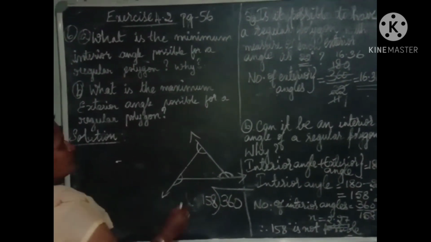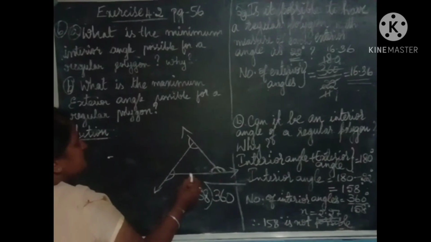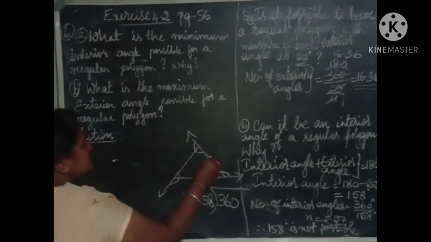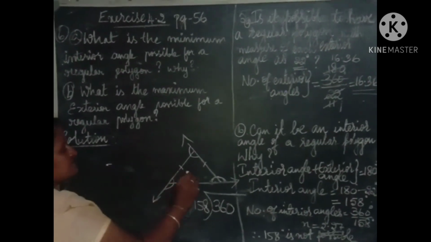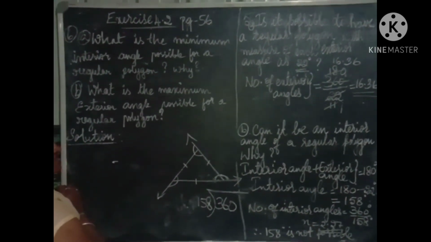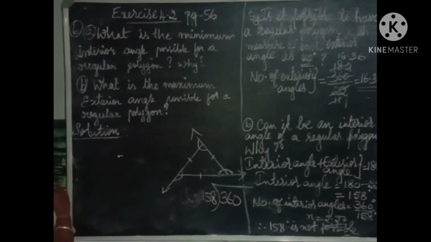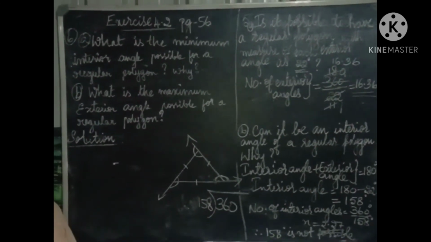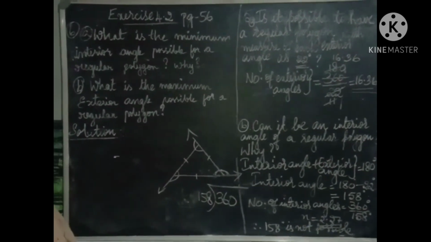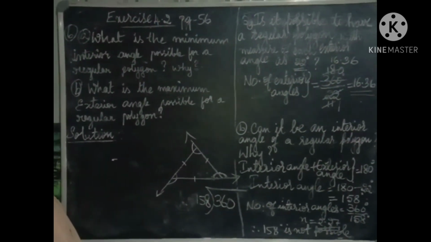Now, if all the sides are equal, what do we call that? We call that an equilateral triangle. In an equilateral triangle, each angle measures how much? 60 degrees.